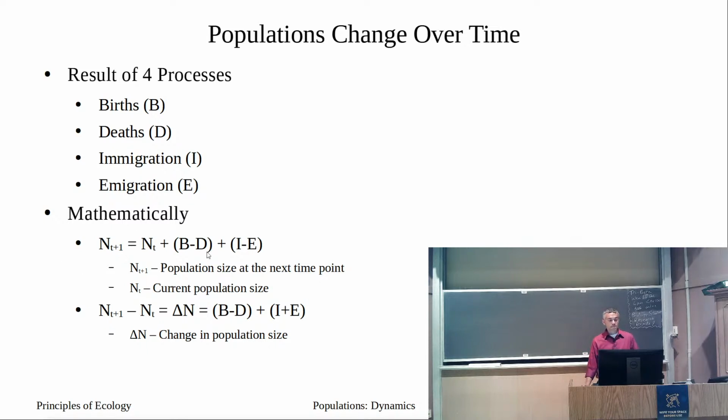All right, so this is our mathematical representation of how our population changes. We start with the number of individuals in our population, and then we're going to have births that bring new individuals into it. We're going to have deaths that remove individuals. We have immigration that brings more individuals to our population, and we have emigration that takes individuals away.